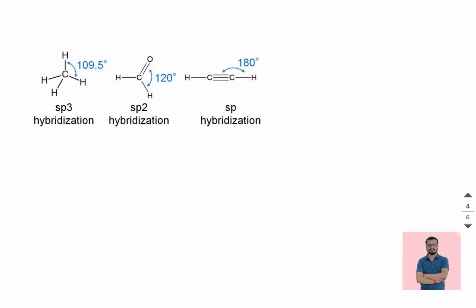Now the second thing: if carbon has 4 sigma bonds, then it has sp3 hybridization, which has a bond angle of 109.5 degrees.